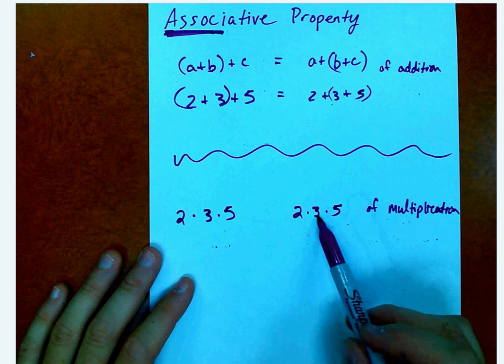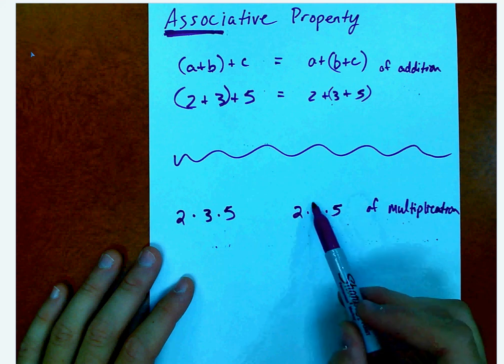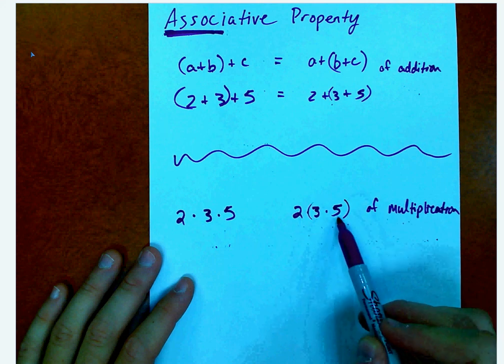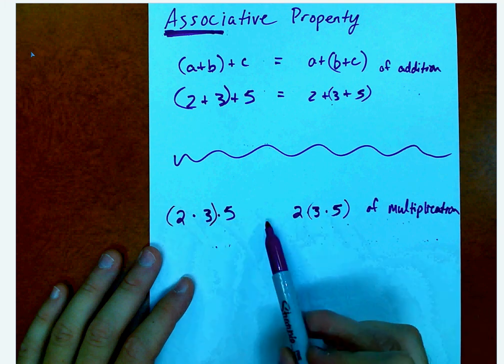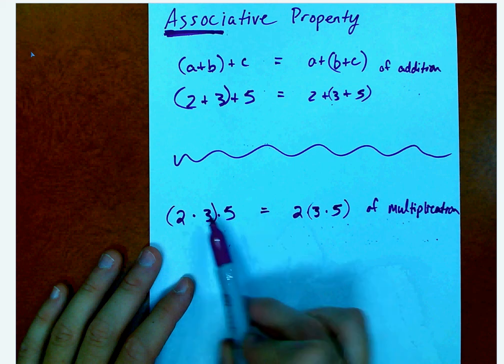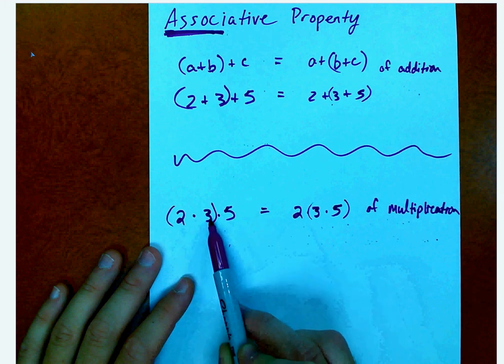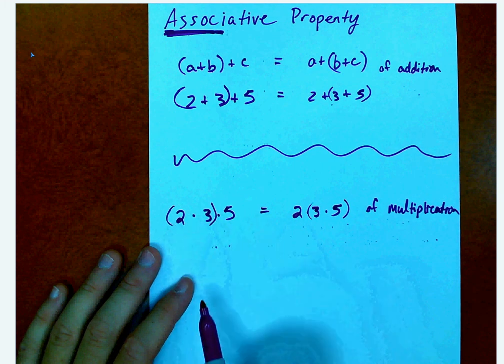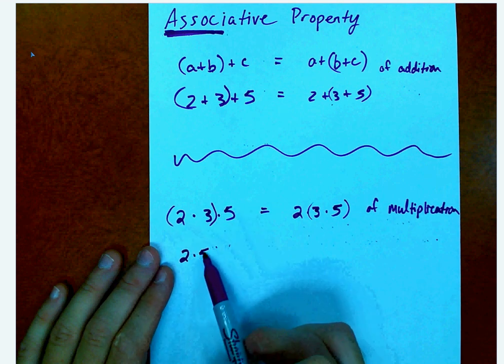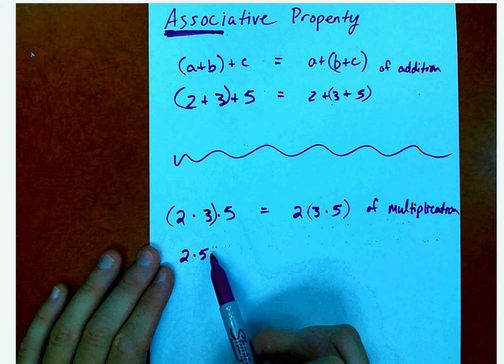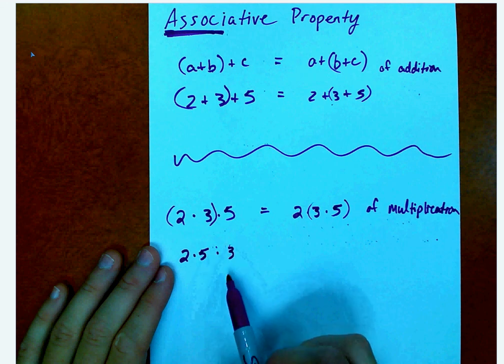Or I can multiply 3 times 5 and get 15, and then multiply by 2 to get 30. So either way I cut it, I can change which numbers associate with which. I could even change this up so that I multiply 2 times 5 first, and then multiply by 3.